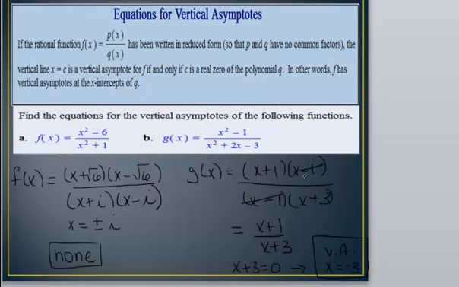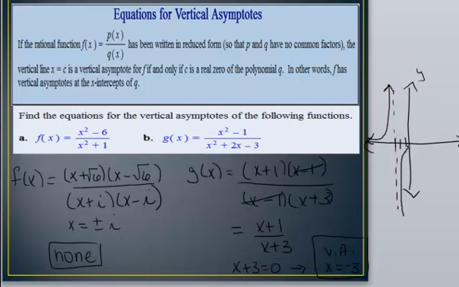Now I do want you to know that since this reduced, it will create a hole in the graph. This particular graph, if you were to graph it on your graphing calculator, looks something like this. You have a vertical asymptote at x equals negative 3, and then the graph actually goes something like this, here and here, something like that.